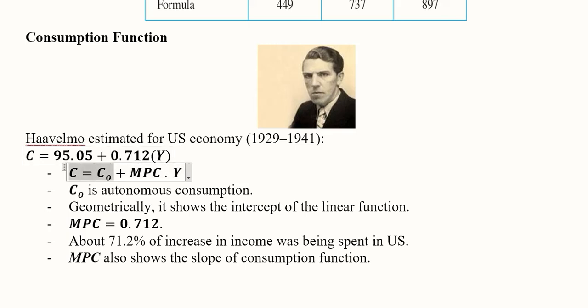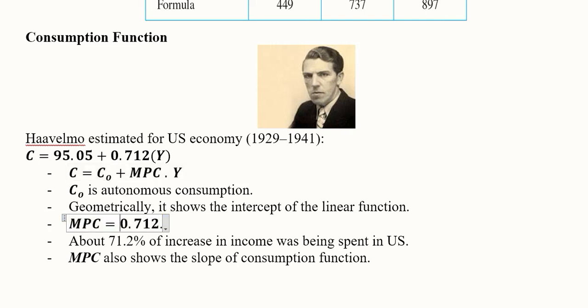We know the standard form of a consumption function: this is the autonomous consumption, this is the marginal propensity to consume, and this is income. So it's a linear function that we try to interpret, and the intercept is represented by C naught. MPC is also given. We have extracted the value by comparing, and C naught is 95.05.